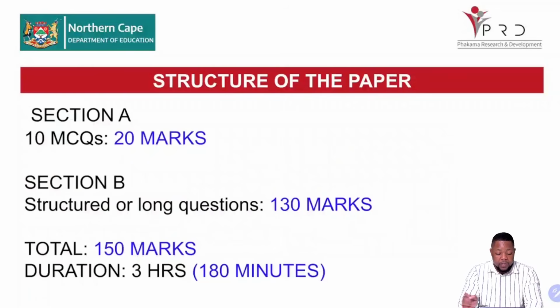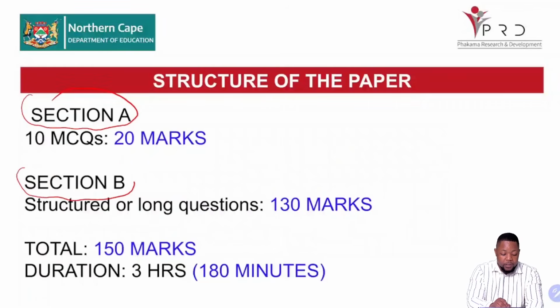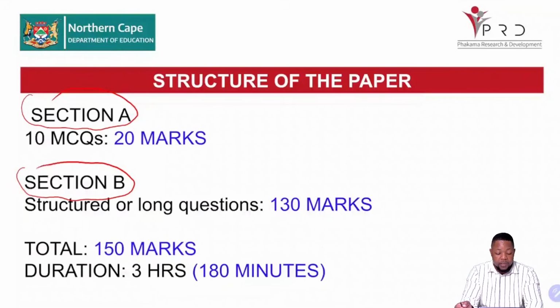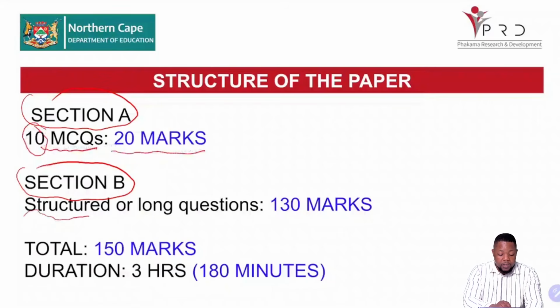The paper is divided into 2 sections, section A and section B. Section A is multiple choice questions, 10 in total, and each multiple choice question is awarded 2 marks, and that will add up to 20 marks. Section B contains structured questions or long questions with a total of 130 marks.